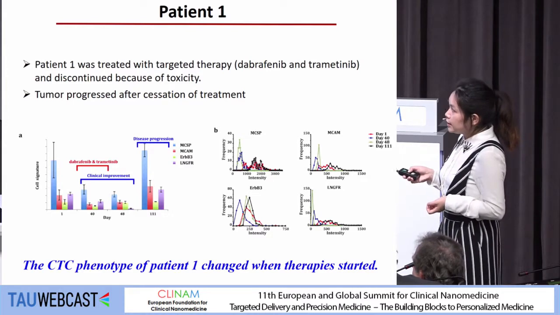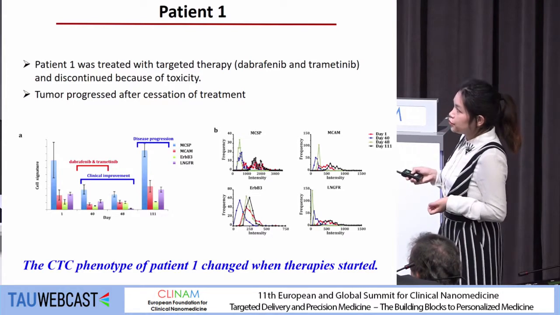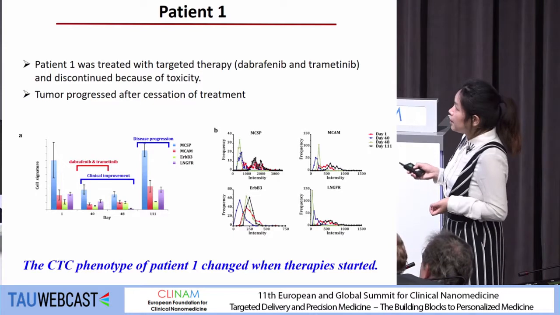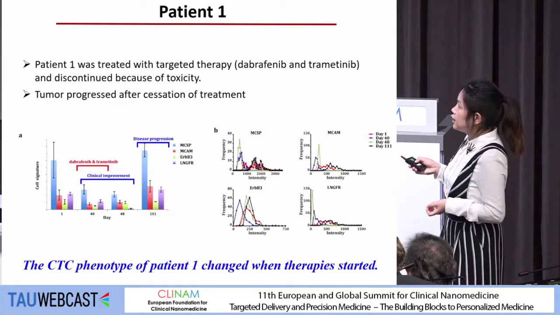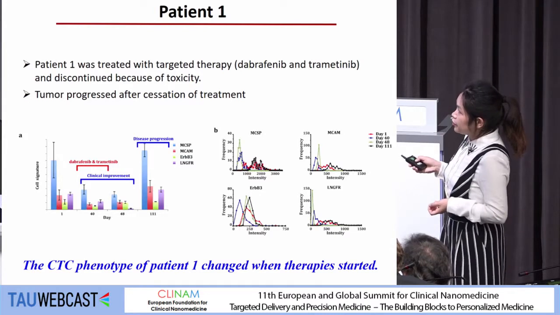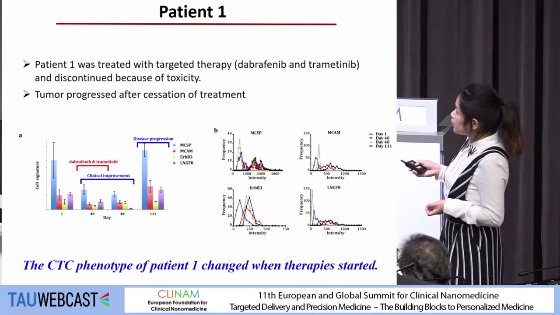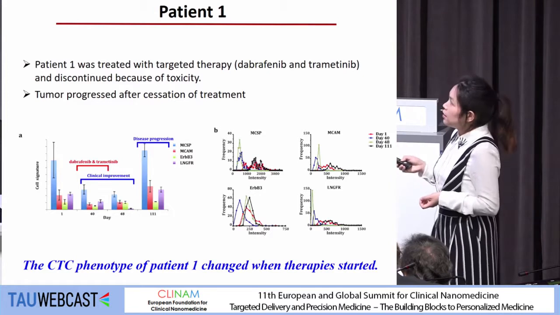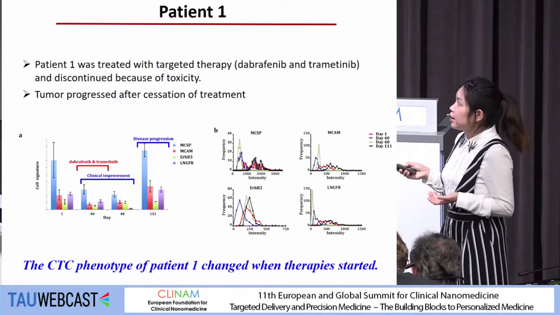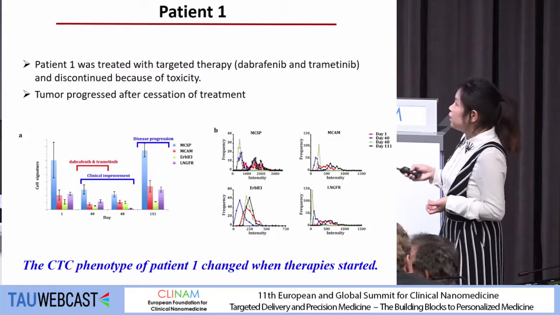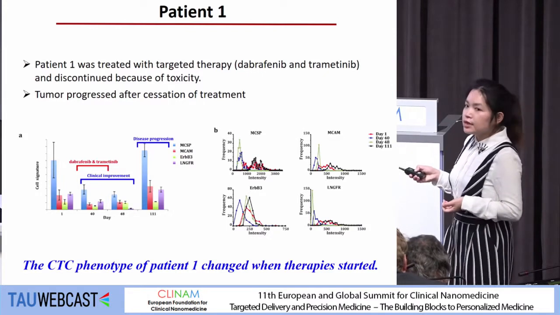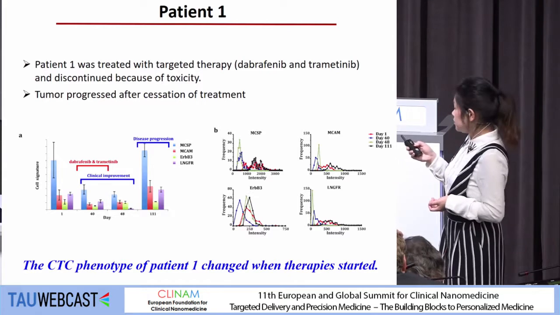We can see the CTC signature change under the treatment. The biomarker diversity as well as the expression level also changed. Because of the toxicity, this patient stopped the treatment and the tumor progressed. So we observed a recovery of the CTC signature.